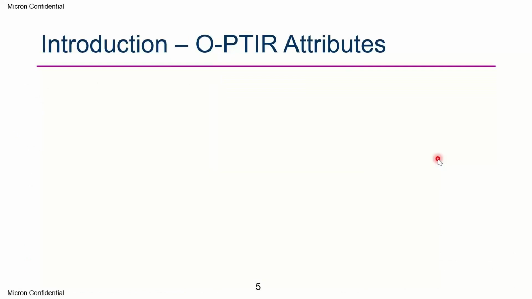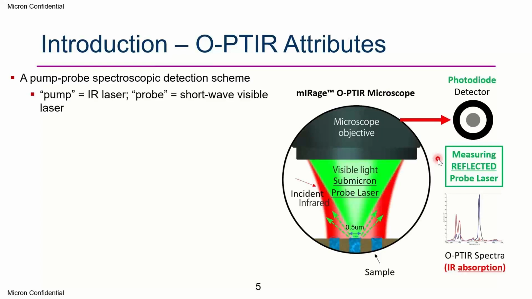OPTR. What's so unique about OPTR from Micron? Looking at the design of the Mirage OPTR, we can see there is a red infrared laser, which is considered the pump. It pumps the IR laser onto the sample surface.